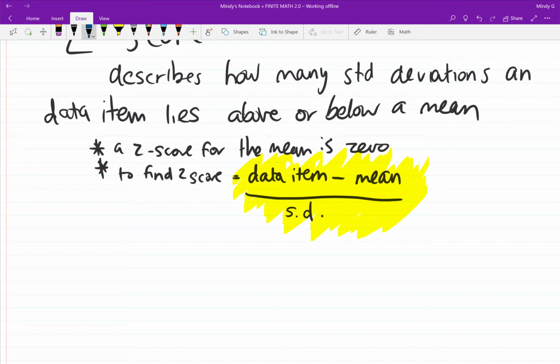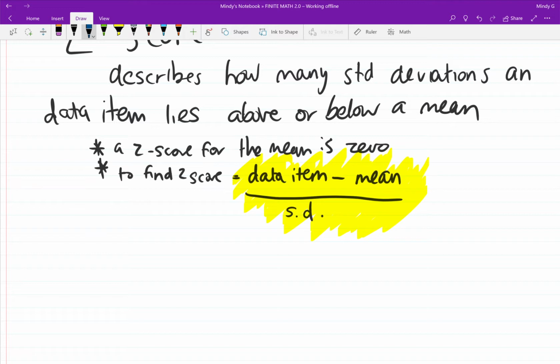So who's better, Drew Brees or the salesman? Ideally you can't compare them, because completing passes is not the same thing as selling cars. But if they both have a z-score, we're putting them on the same playing field. So you can compare things that aren't comparable.